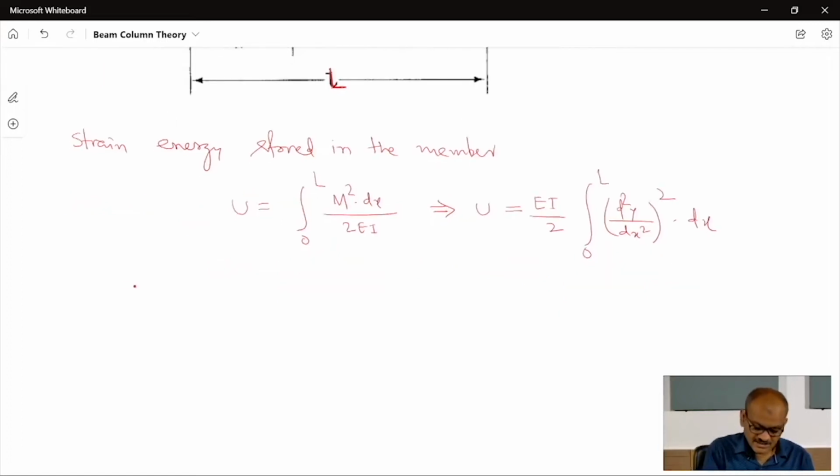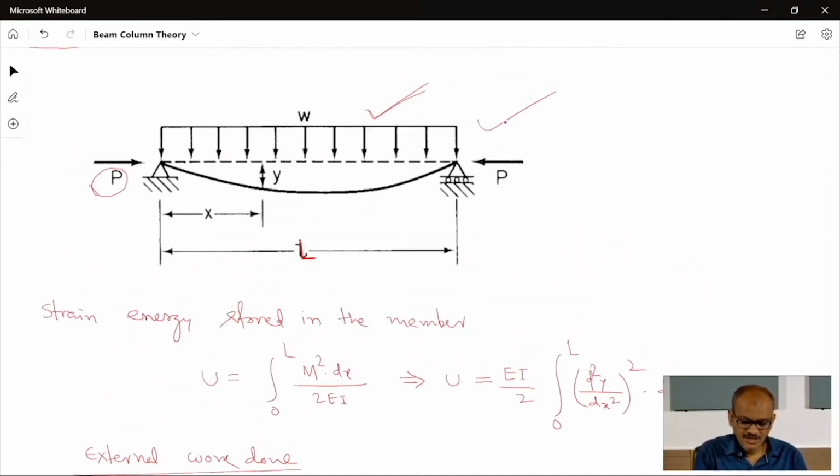And then the external work done is because of this load and because of this load. So, two parts.